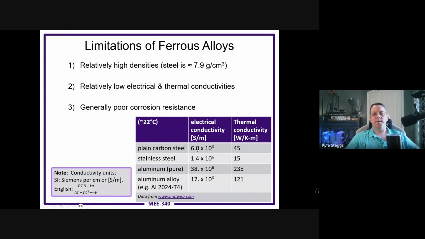So looking at it relatively, pure aluminum, 38 times 10 to the 6th compared to just 6 times 10 to the 6th for plain carbon. For the aluminum alloys, it's a little bit less, but then you see the lowest thermal conductivity of stainless.